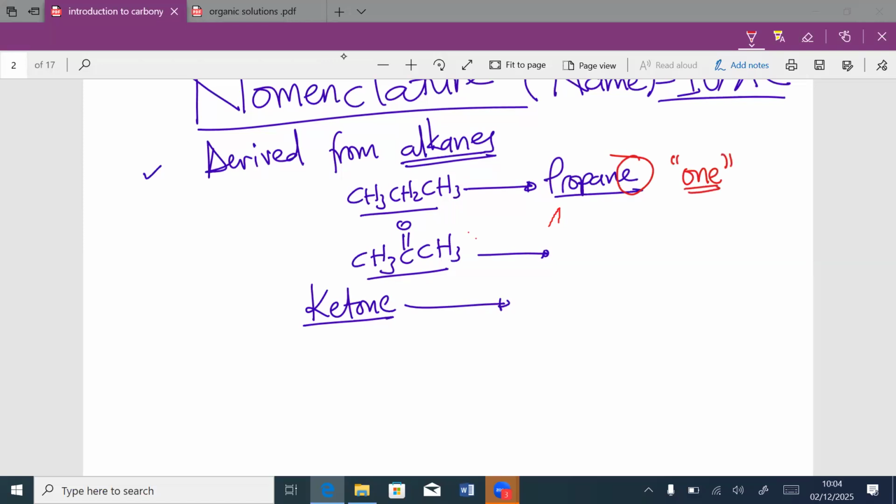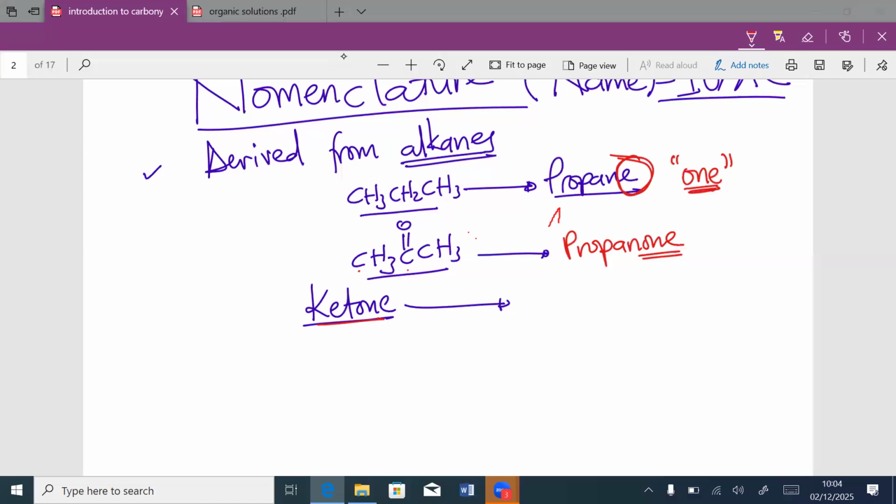So this is composed of 3 carbon atoms. Instead of us naming it propane, we are going to name it propanone. You realize that the E of the alkanes has actually been replaced with one.